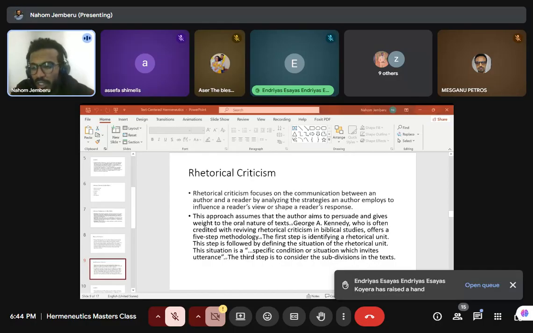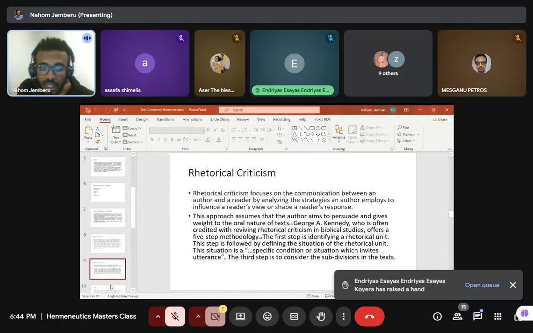So it focuses on the argumentative power of what's being communicated. So the focus is on how certain things are being communicated, not only what's being communicated. So another approach you can read, I believe I've assigned rhetorical criticism for you to read. You will find it in Tate's book, I believe.